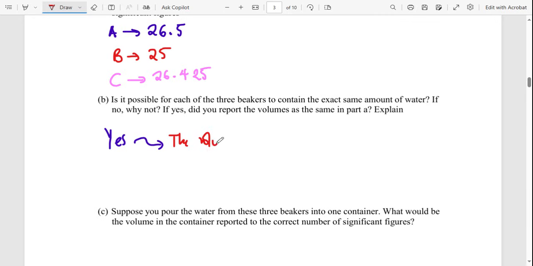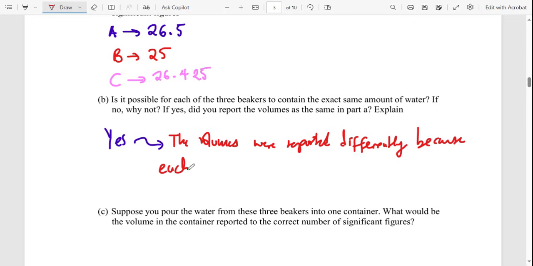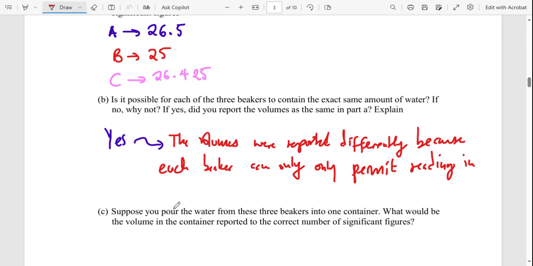Say the volumes were reported differently, and the reason is because of the calibration of the instrument, because each beaker can only permit reading in certain points.